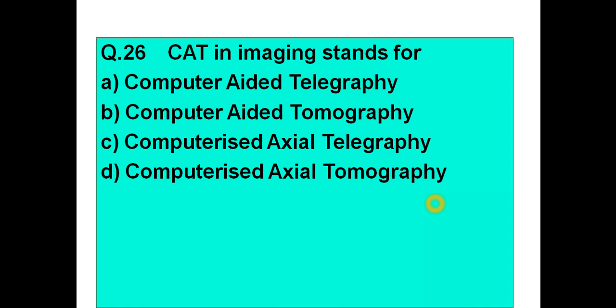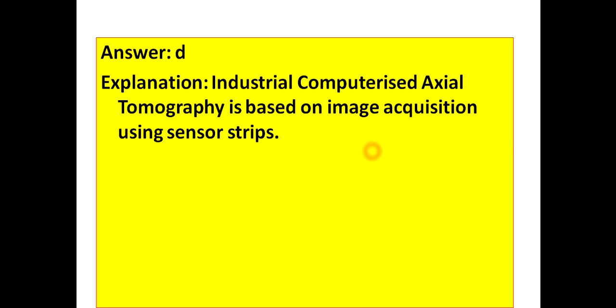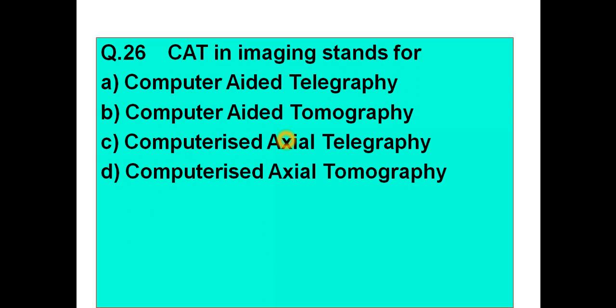The answer to this question is option D, that is computerized axial tomography. Industrial computerized axial tomography is based on image acquisition using sensor strips. Do note down a few statements regarding CAT. You have to gather some information about CAT, and you'll let me know through comments.